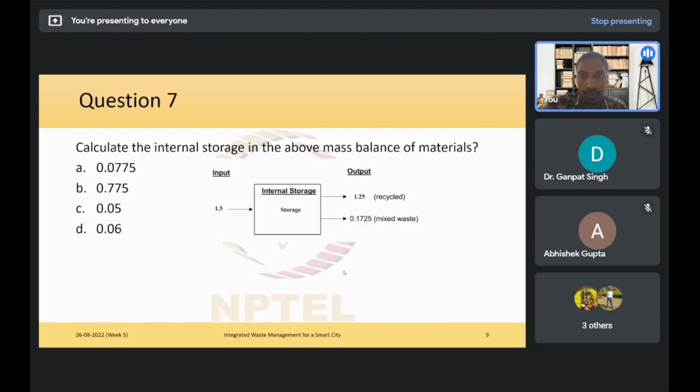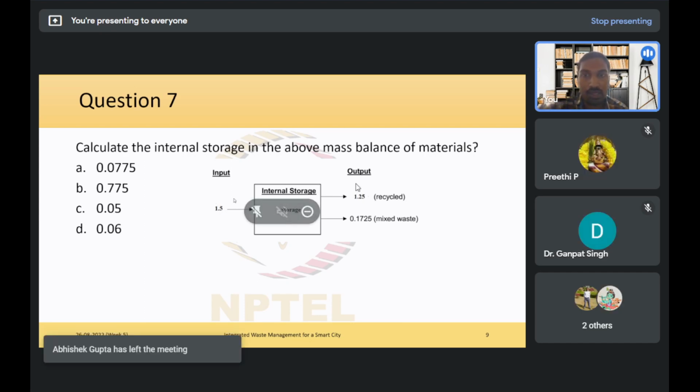Okay. Question number 7. Calculate the internal storage in the above mass balance of material. The figure is shown below. So we have some input, some product, 1.5 is the amount, in some units. Then we have a system that has some internal storage, and we don't know how much it is.